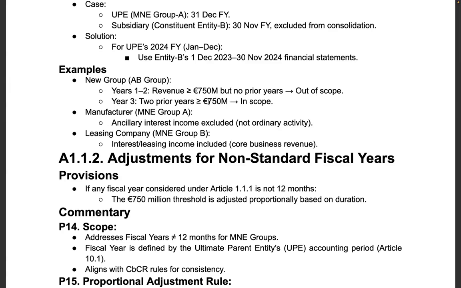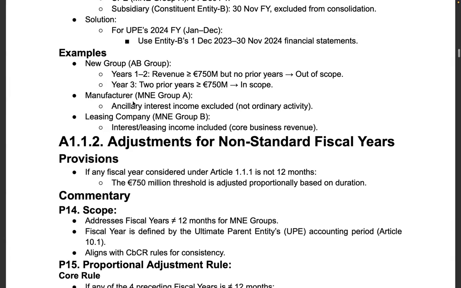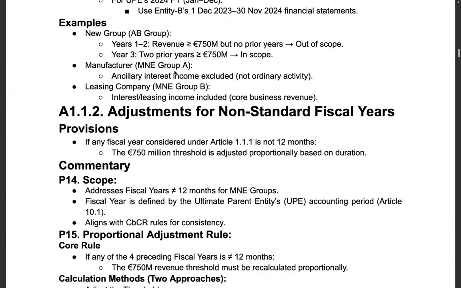Year 3, with 2 prior years greater than 750 million euros: yes, absolutely, this third year can be in scope. Now, one example is that of a manufacturer, M&E Group A: ancillary interest income is excluded, as it is not an ordinary activity. But for a leasing company, interest and leasing income is included because it's core business revenue.